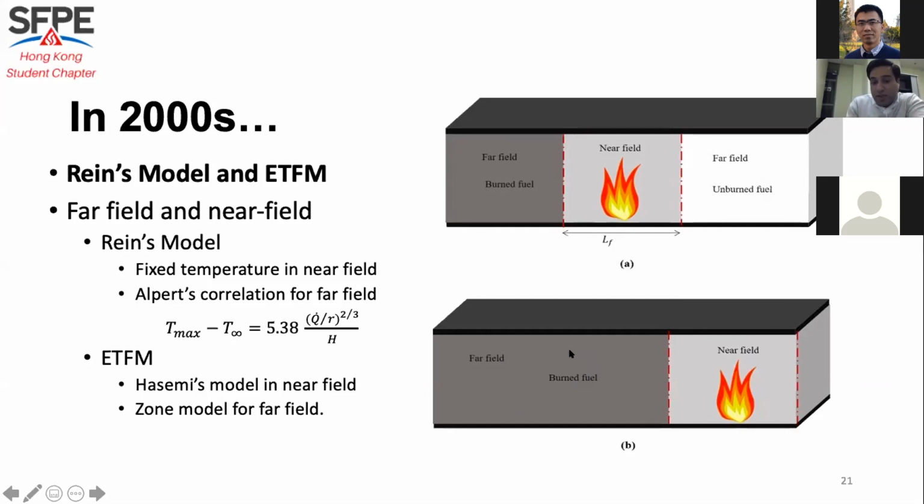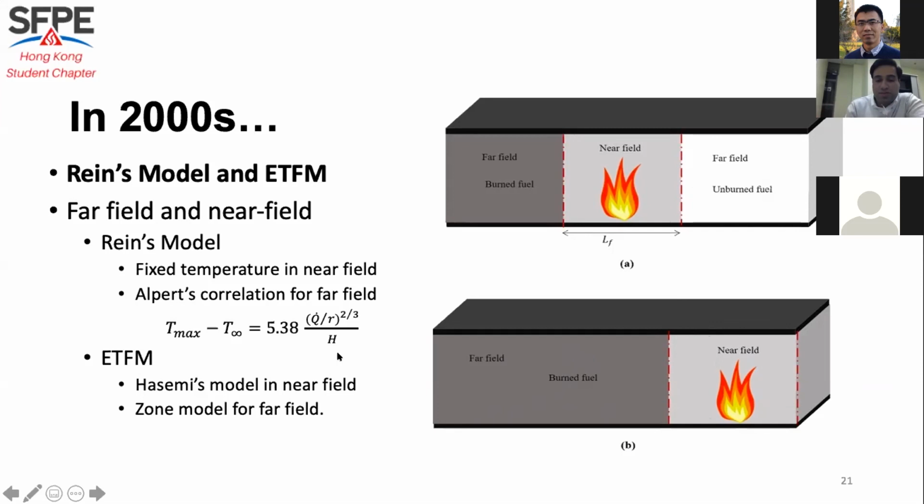For the near field, they suggested using the localized fire model of Hasemi, suggested in the 90s. So you can use Hasemi's model to calculate temperature in the near field. For the far field, they suggested taking the smoke temperature by using zone models. There are many zone models available, and they used the FIRM model, but you can use any zone model to get the far field temperatures.